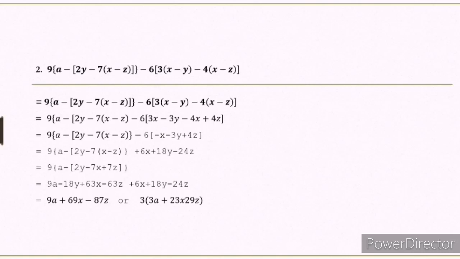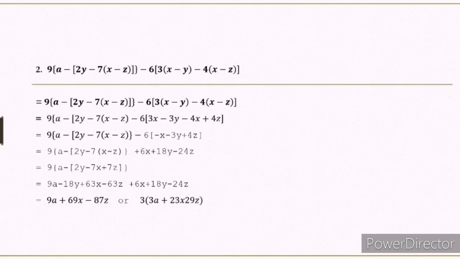Then quantity 9 quantity a minus quantity 2y minus 7 quantity x minus z close, quantity negative 6 quantity negative x minus 3y plus 4z. We get this negative x from combining like terms inside the square bracket.